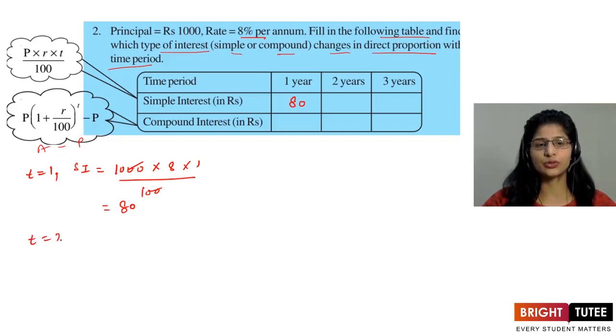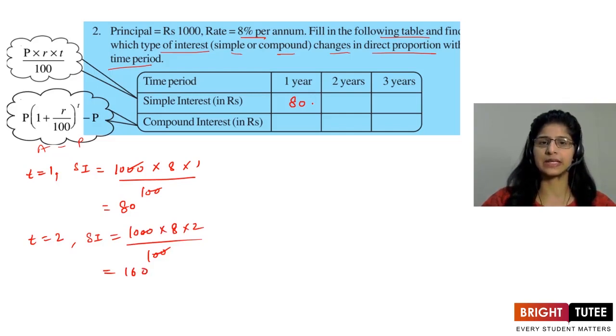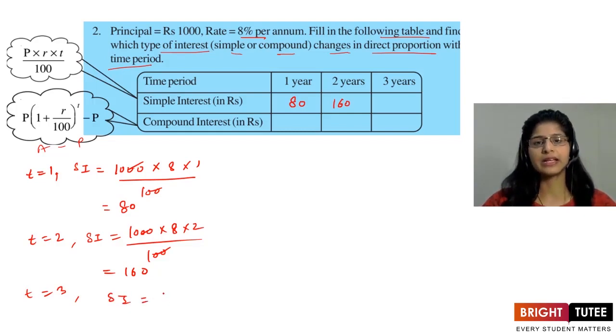When t is equal to 2, that means the time period is 2 years, we get simple interest as 1000 into 8 into 2 upon 100, zeros getting cancelled, we have 160. 160 for 2 years. When time is 3 years, simple interest will be 1000 into 8 into 3 divided by 100. So we get 240.